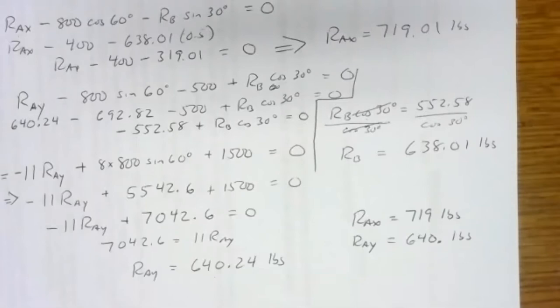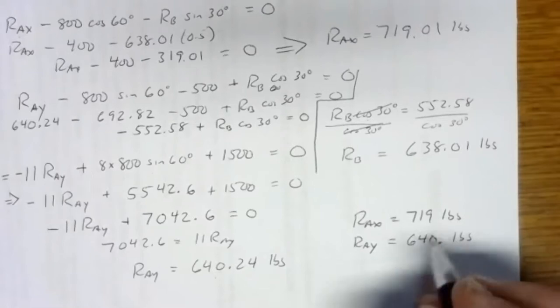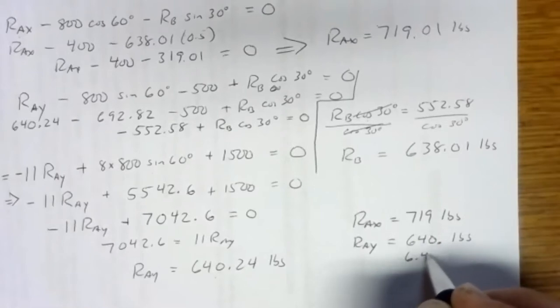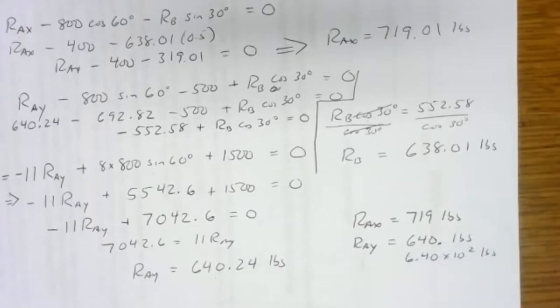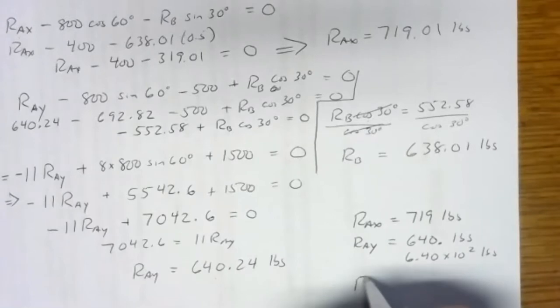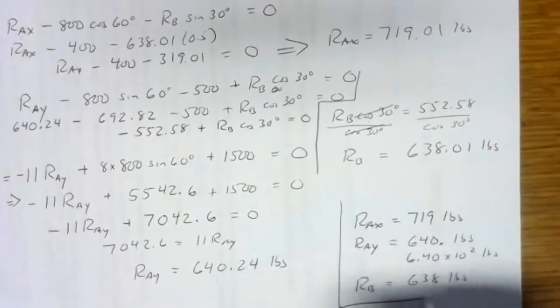If that is something that makes you uncomfortable writing that, or you don't think you'd remember that, just remember when it looks hard to put it in to get the right number of sig figs, write it in scientific notation. 6.40 times 10 to the second pounds will clearly communicate that you're dealing with 3 sig figs. And then we had RB at 638 pounds.